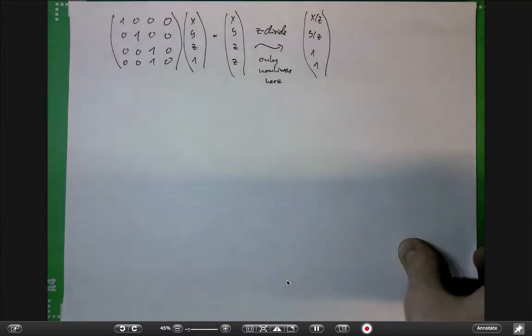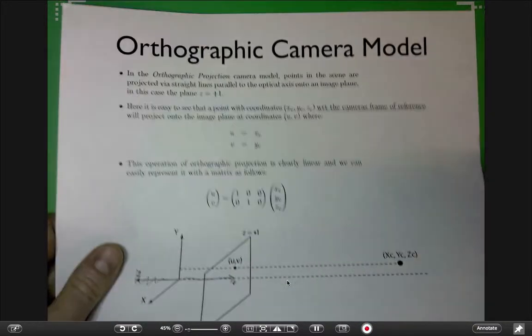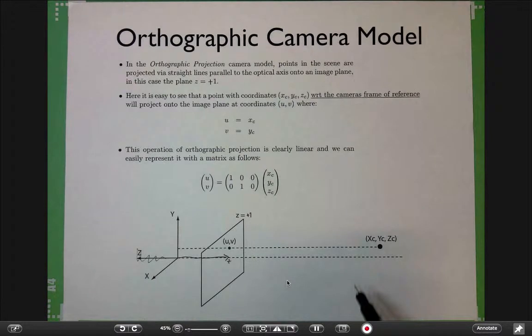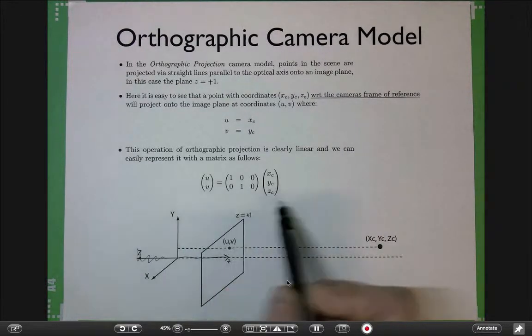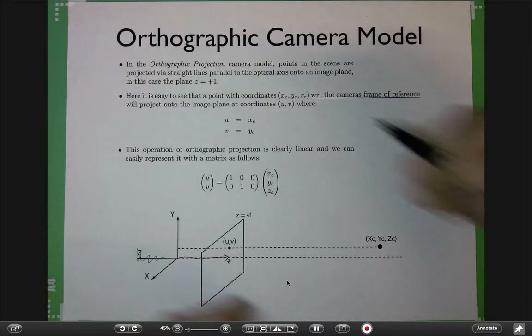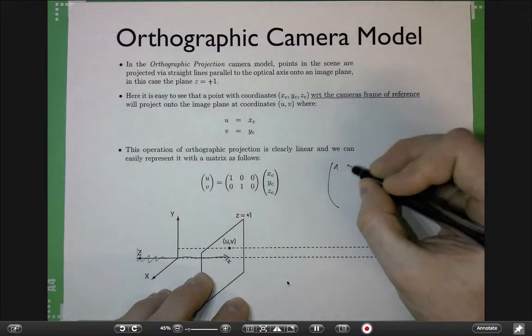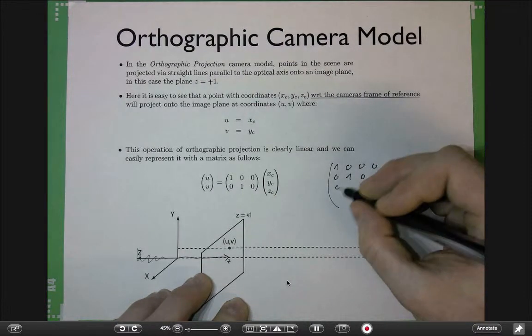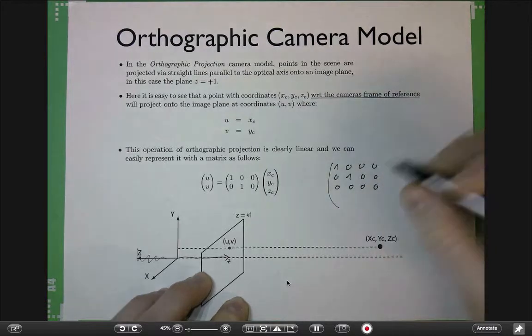I can also have an orthographic camera model. That's even simpler. The orthographic camera is actually just a linear transformation because all the rays are parallel. So I can represent it with this simple matrix, or fully in homogeneous coordinates it would be this matrix: 1, 0, 0, 0, 0, 1, 0, 0, 0, 0... So here is where the magic happens.